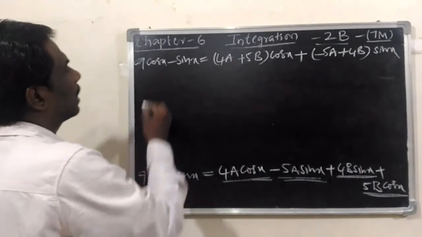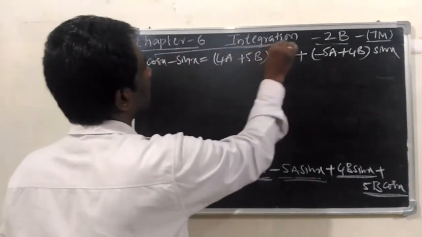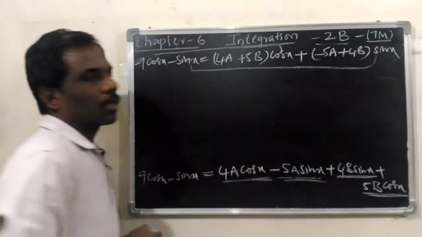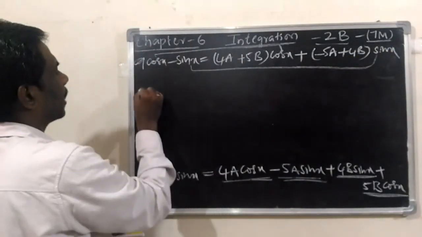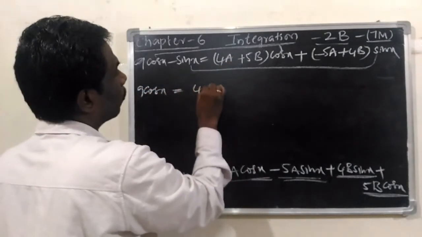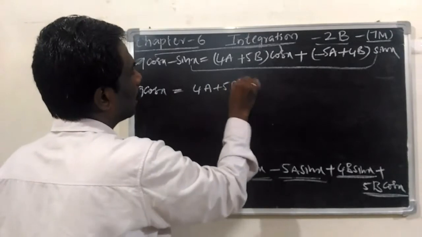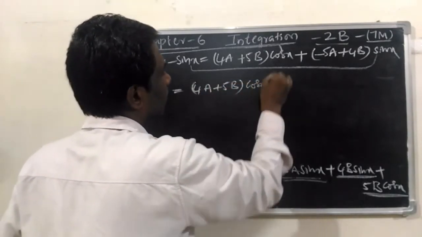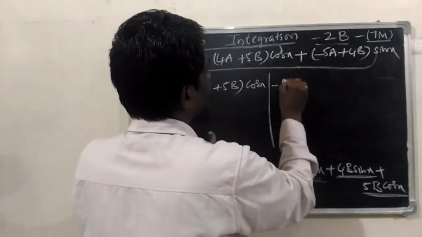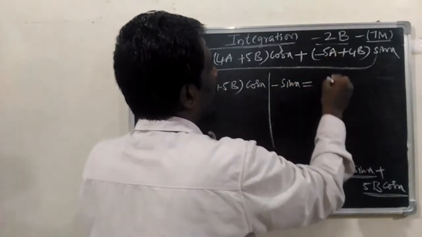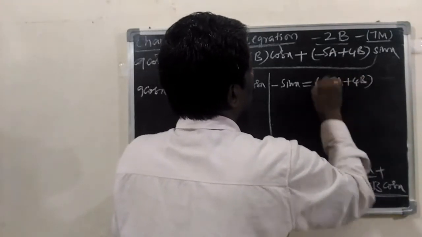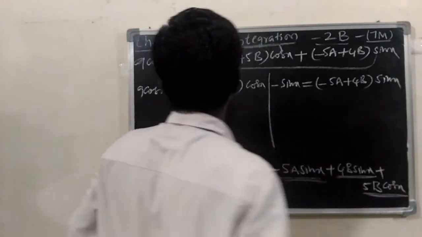Now we equate the cos x terms and sin x terms, cos with cos, sin with sin. Then 9 cos x is equal to (4a plus 5b) into cos x, and minus sin x is equated with (minus 5a plus 4b) into sin x.